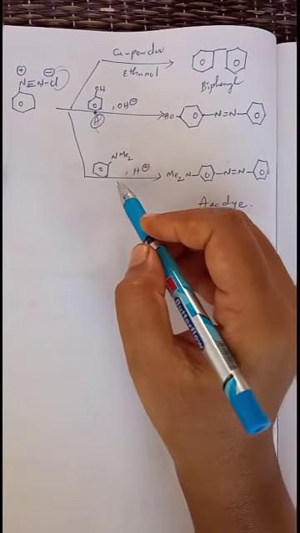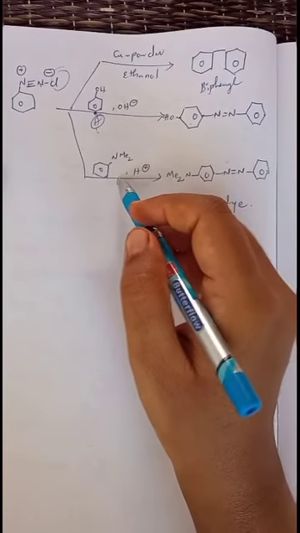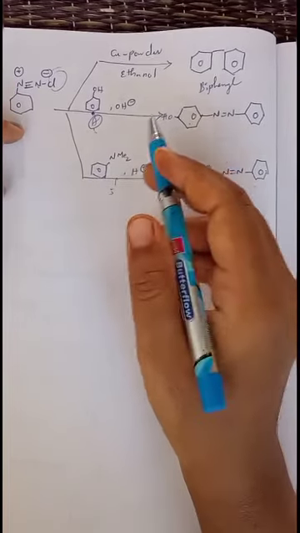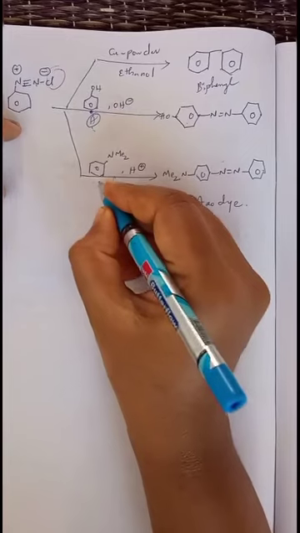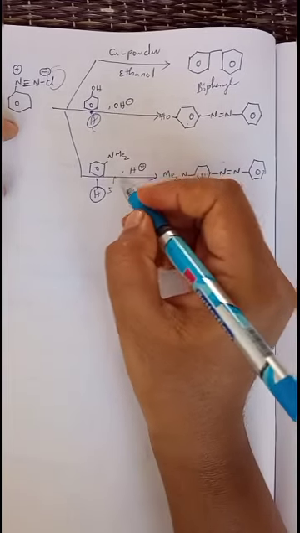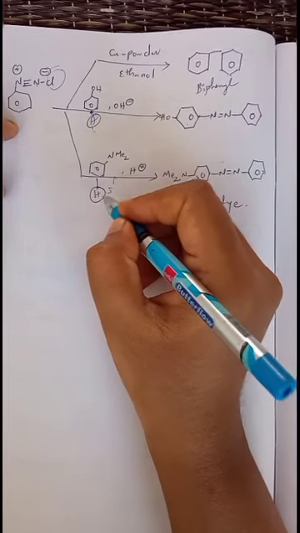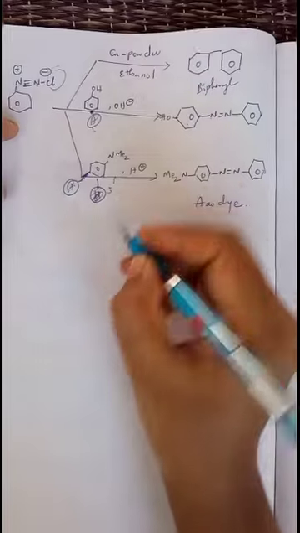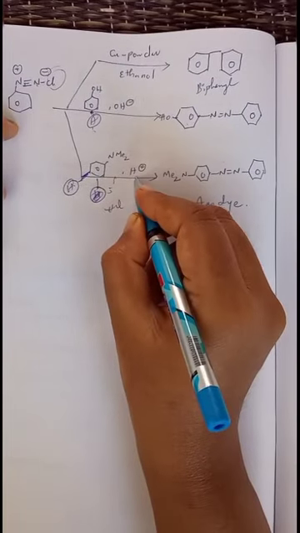In the same manner, when an aromatic amine or aniline undergoes reaction with this diazonium salt, the same mechanism will repeat. Whatever hydrogen is present at the para position or ortho, meta position reacts with Cl and is eliminated as HCl in an acidic medium.